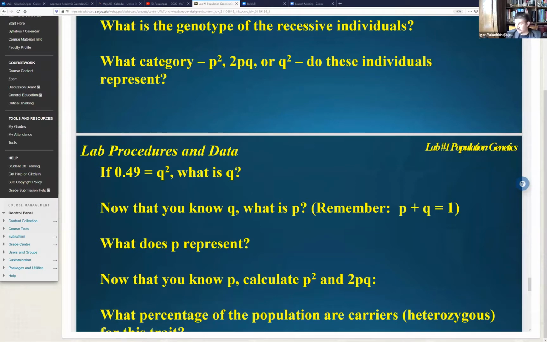I've seen students doing 0.3 times 0.3 and getting 0.9, not 0.09, but 0.9, 90%. And then they take that number and say my P squared is 90%, my 2PQ has to be equal to 180%, and it becomes a huge problem. So don't skip that step.